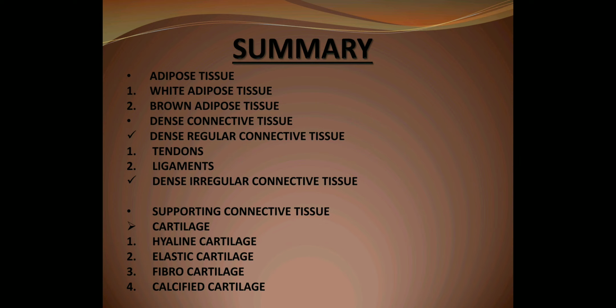Then we studied dense irregular connective tissue, and then we started with supporting connective tissue. In that, we started with only cartilage. In cartilage, we studied four different types of cartilages, that is hyaline cartilage, elastic cartilage, fibrocartilage, and calcified cartilage. I hope you understood the topic.